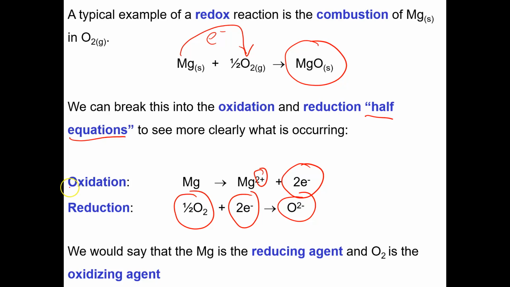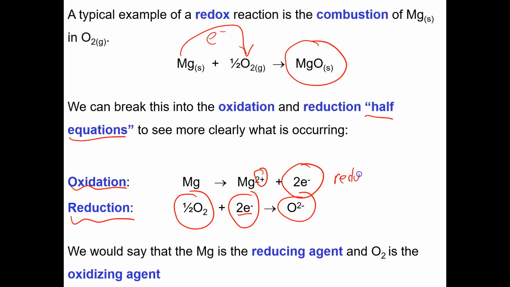So we say that the magnesium underwent oxidation because it lost electrons, and the oxygen underwent reduction because it gained electrons. Another way of characterizing what happened is we can say that magnesium gave 2 electrons to the oxygen, causing the oxygen to be reduced.